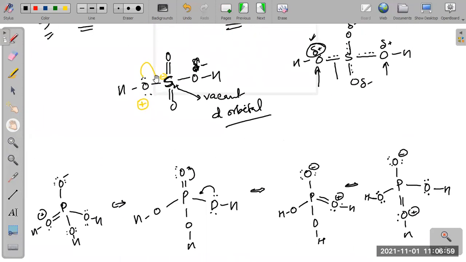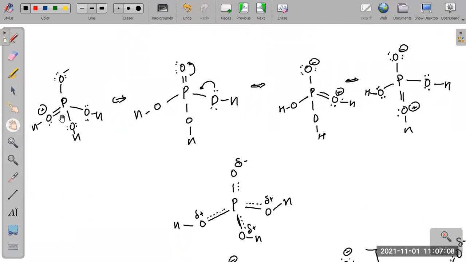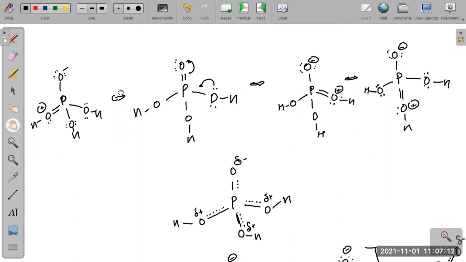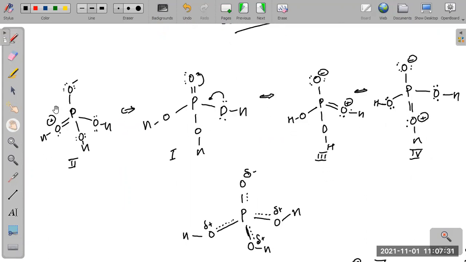The transfer of electronic charges at the bonded pair of electrons in H3PO4 has been shown or displayed like this. Oxygen has a double bond and two lone pairs of electrons. From this first structure, the second canonical structure, third canonical structure, and fourth canonical structure have been formed.